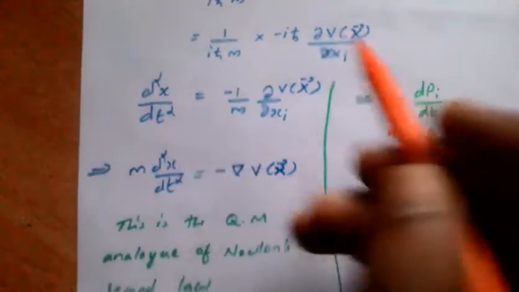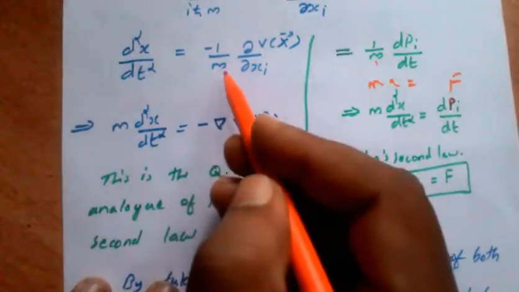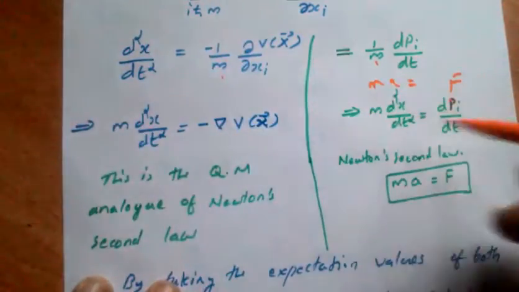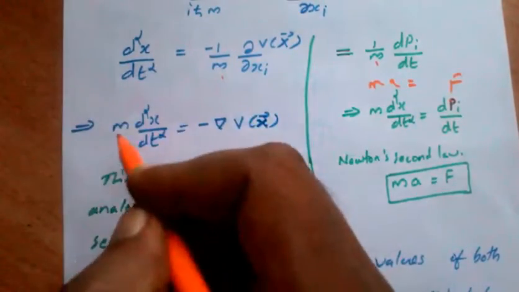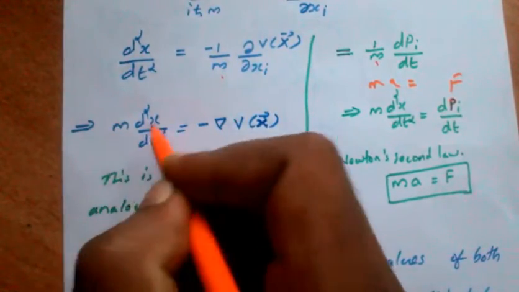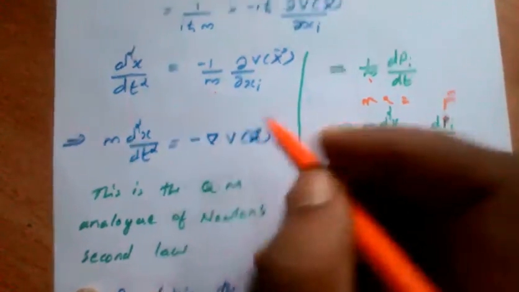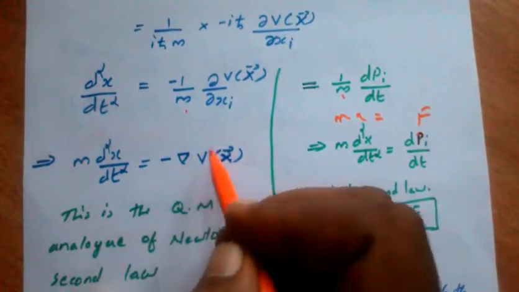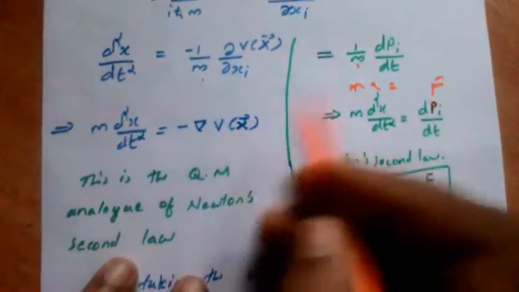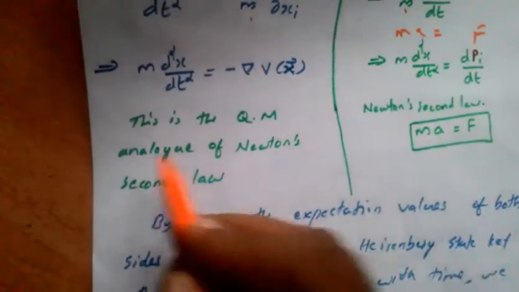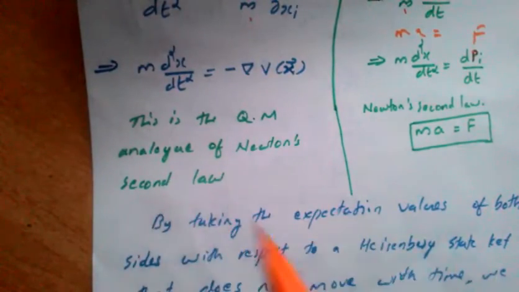That quantum mechanical equation is m d²x over dt² equals minus ∇V(x). Okay, minus ∇V(x). This is the quantum mechanical analog of Newton's second law.